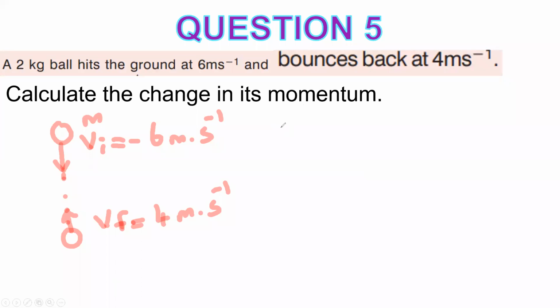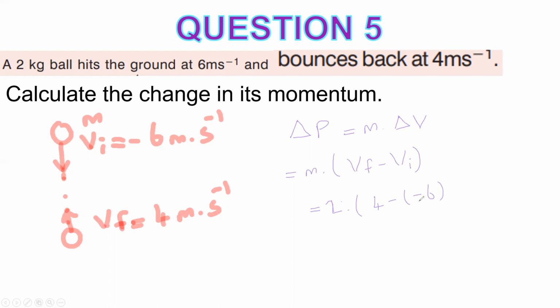Now we can calculate our change in momentum. Other name is what? Impulse. Let's say impulse, delta P, equals m times delta V. And we just carry on, m times V final minus V initial. m is equal to 2. 2 times V final, which is 4, minus negative 6.